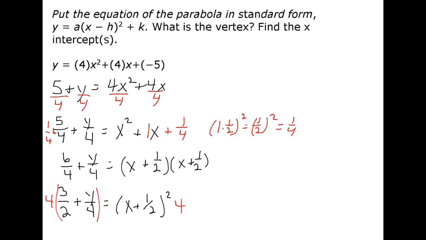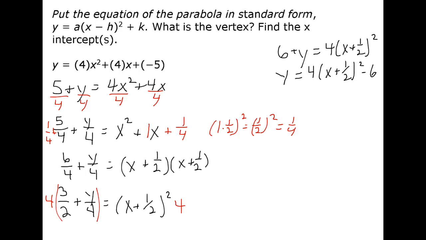That will give us a 6 plus y equals 4 times x plus 1/2 squared. And then we want the y by itself, so we'll subtract 6 from both sides. So we have y equals 4 times x plus 1/2 squared minus 6.